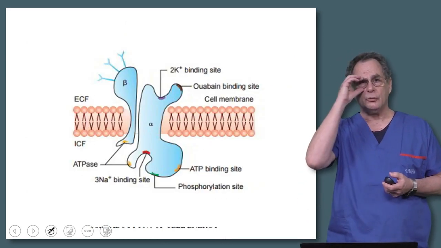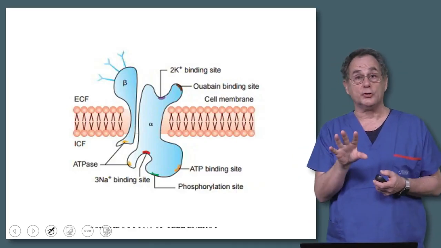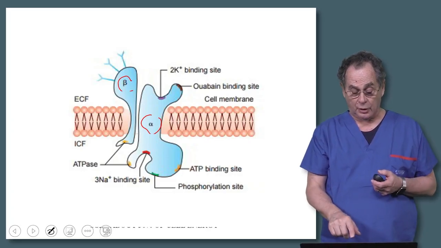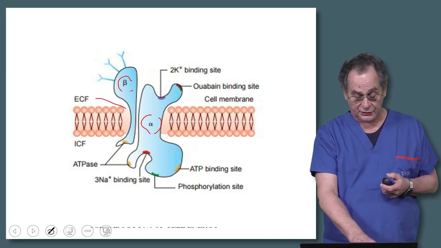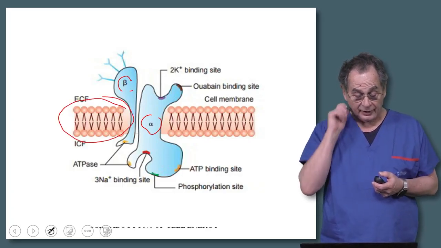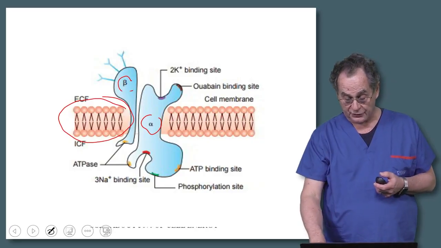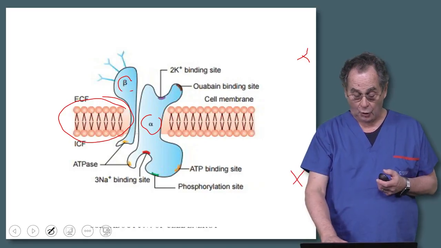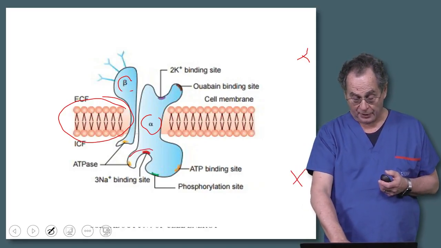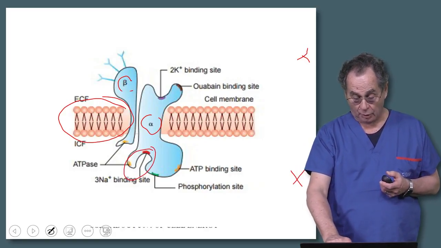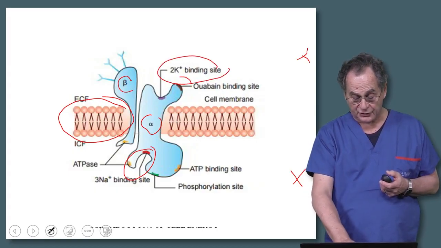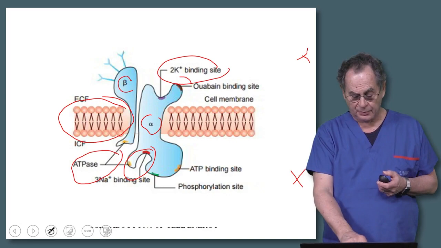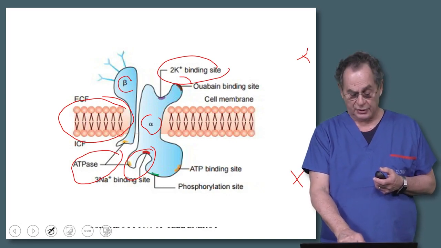So this cartoon demonstrates the components, the alpha subunit and the beta subunit of sodium-potassium ATPase. Here's our lipid bilayer, our cell membrane. Here's the inside of the cell, and here's the outside of the cell. And what this does is there are sodium binding sites, and there are potassium binding sites, and there's an ATP hydrolysis site, and the ATP is hydrolyzed.